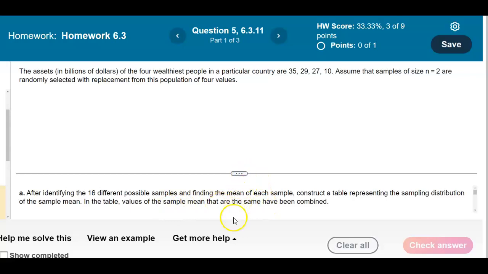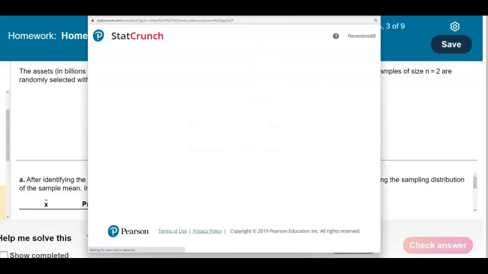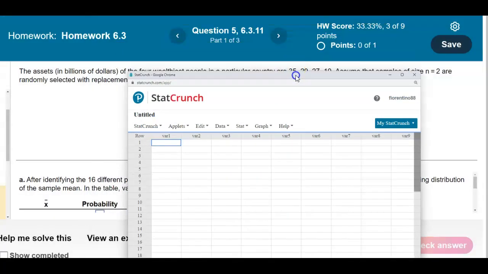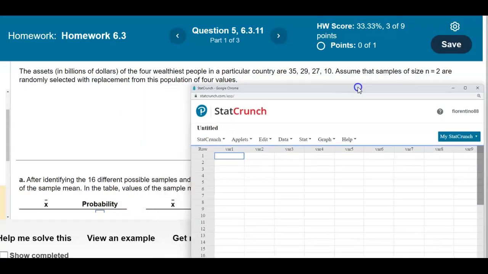So what we're going to do is open our data up in StatCrunch. Now there's no data here, so we're going to create our sample. Here we see we have 4 numbers. We're going to call the first column x1 and the second column x2. If you take the number 35, we're going to have 35 and then another 35, because that represents a sample size of n equals 2.